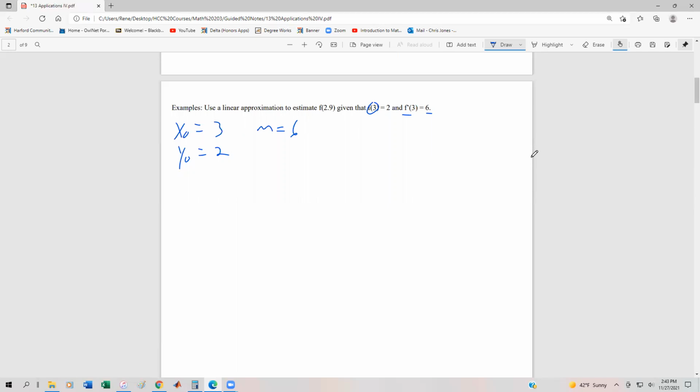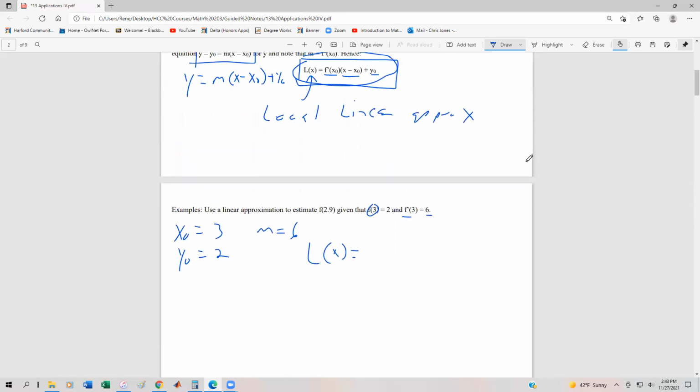So we can go ahead and find our L of x. We're going to use this formula up here: f prime at x naught, which we know is 6, times x minus 3, which is x minus x naught, plus our y naught.